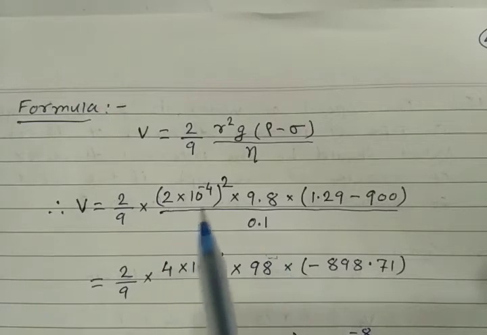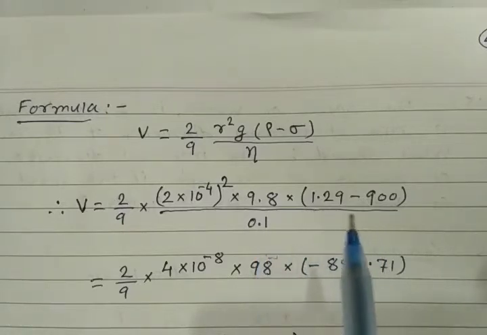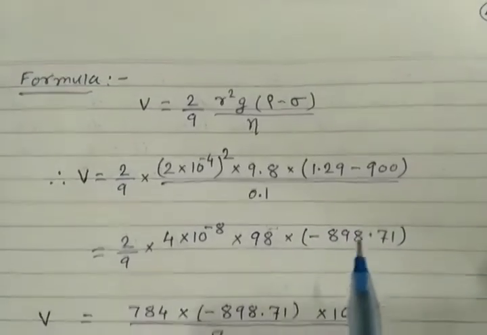Simplifying this, the square of 2 into 10 raised to minus 4 is 4 into 10 raised to minus 8. 9.8 divided by 0.1, we will make it 98. Subtracting, we get minus 898.71.